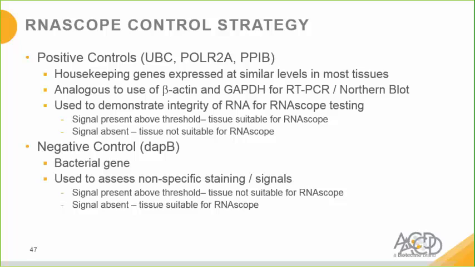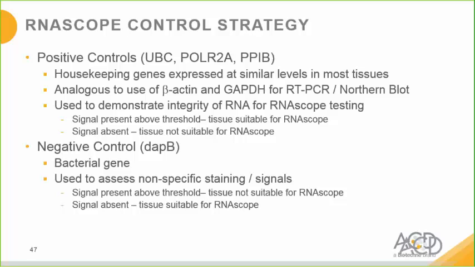These are housekeeping genes expressed at similar levels in most tissues. Their use is analogous to that of beta-actin and GAPDH for RT-PCR and northern blots, and is for determining the RNA quality of the sample being tested.